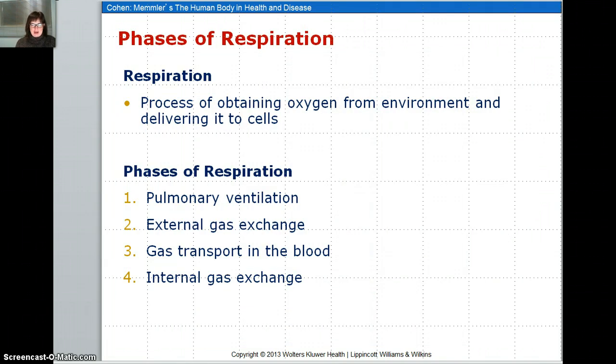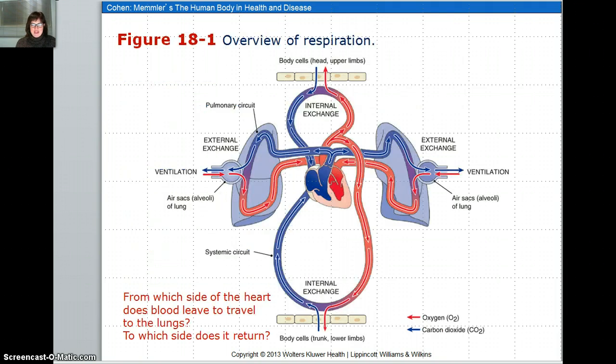When you look at respiration, there is pretty much an internal respiration and an external respiration. Externally has to do with the exchange in the lungs and to the tissues of the lungs with the capillaries and the alveoli. So this is getting the carbon dioxide out and getting the oxygen into the blood.